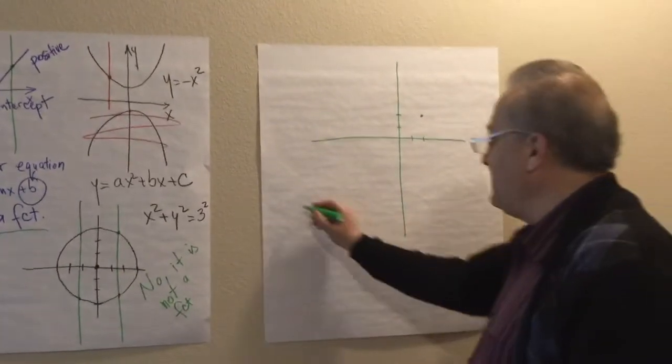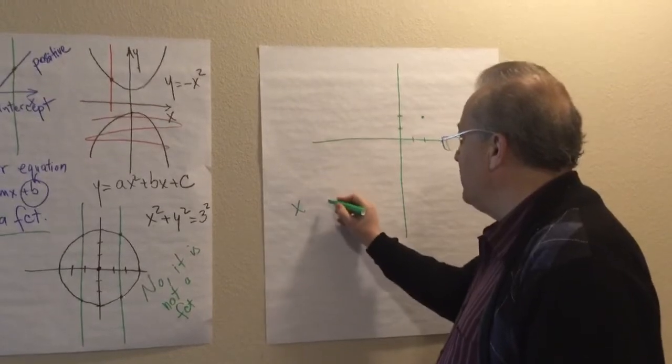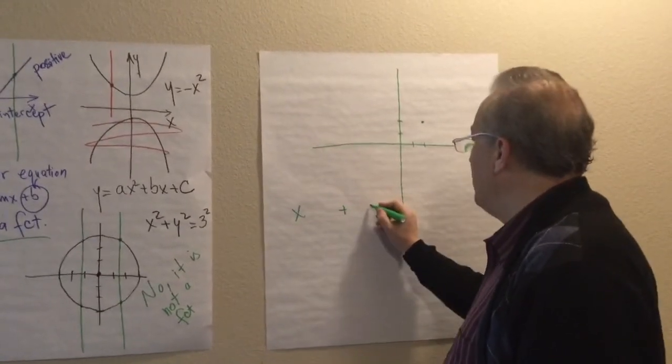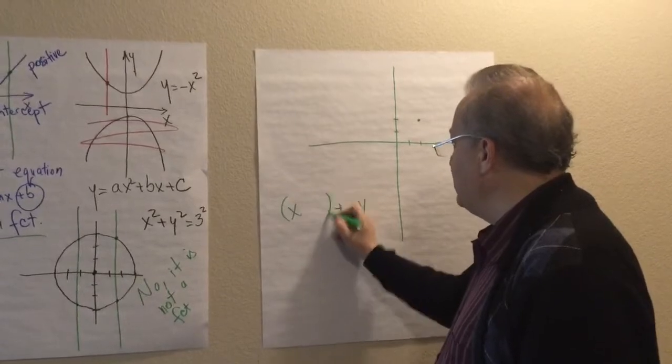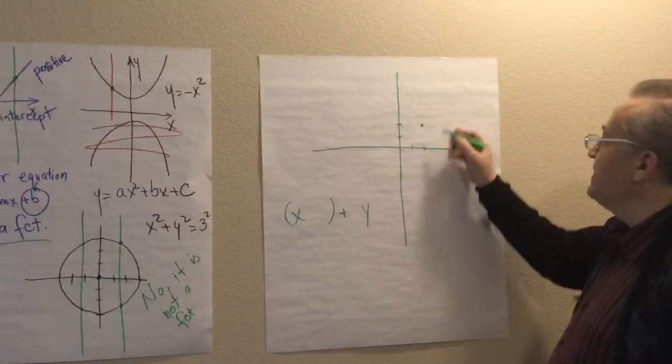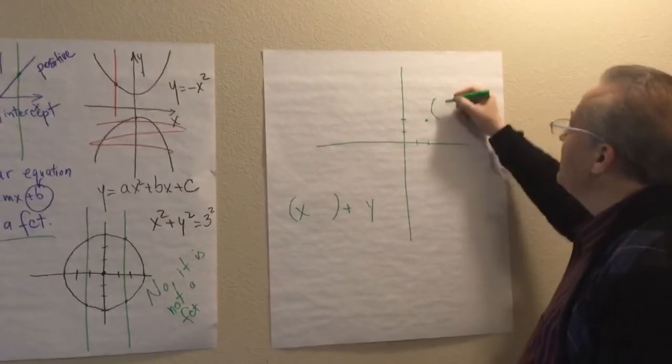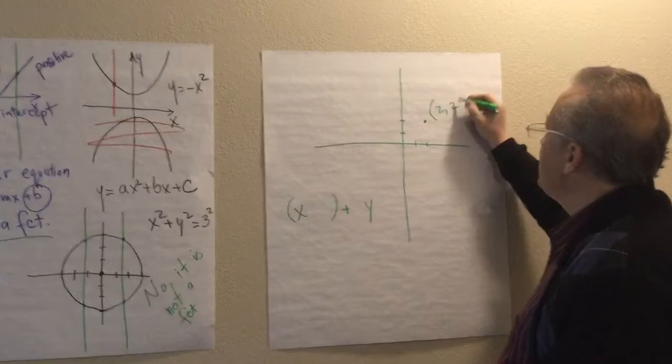I'm not going to write x squared plus y squared. I'm going to use a parenthesis, and then I'm going to say, hey, this location here is 2, 2.